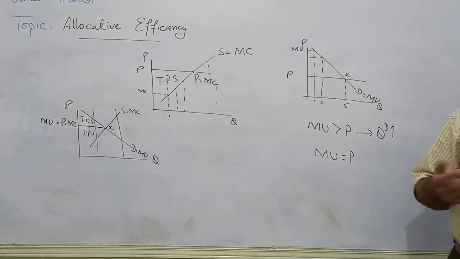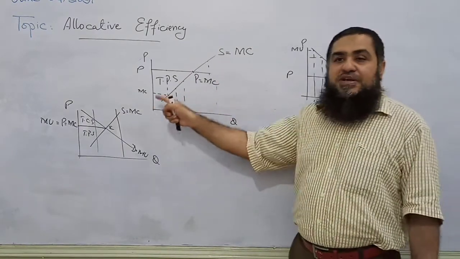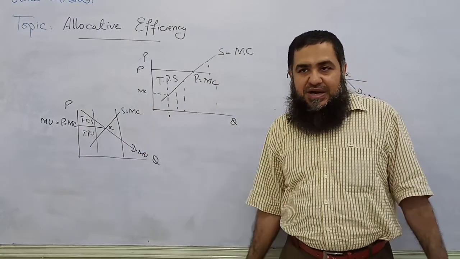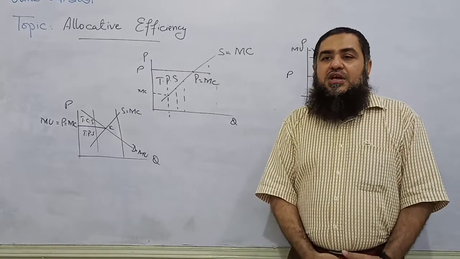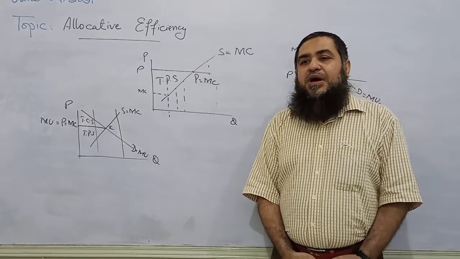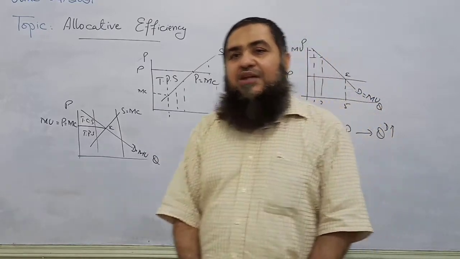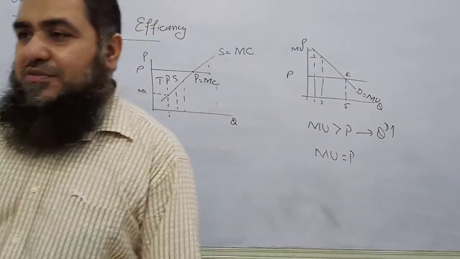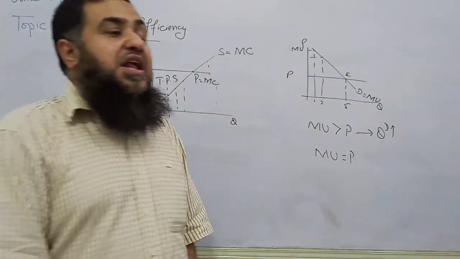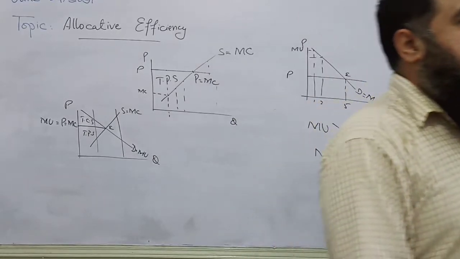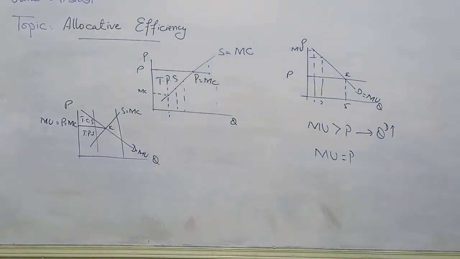Clear? I wanted to explain allocative efficiency by using this market mechanism of demand and supply. What is actually the reason we say the market equilibrium is the allocative efficiency point? Why not the other point? The reason is any point other than the market equilibrium will show us the welfare losses of consumers or producers.